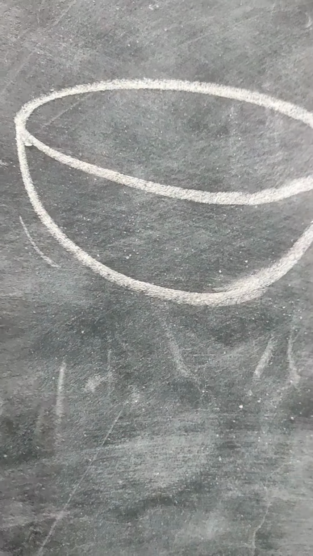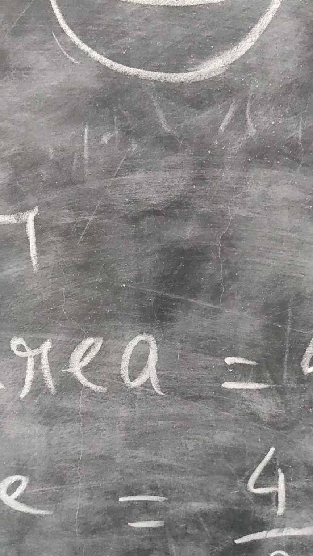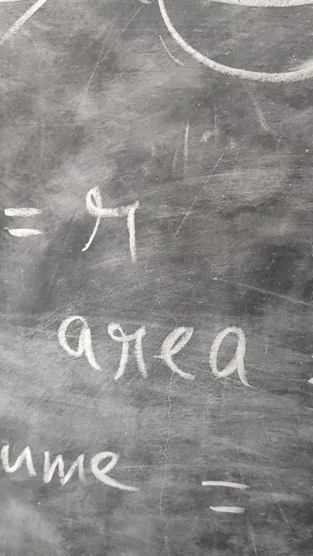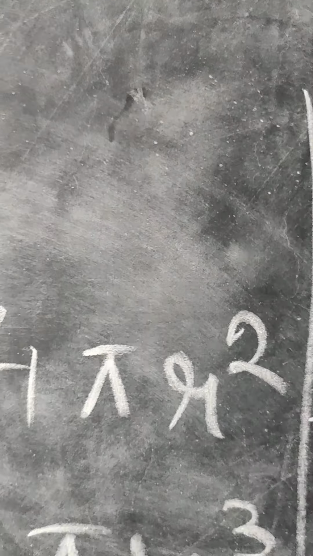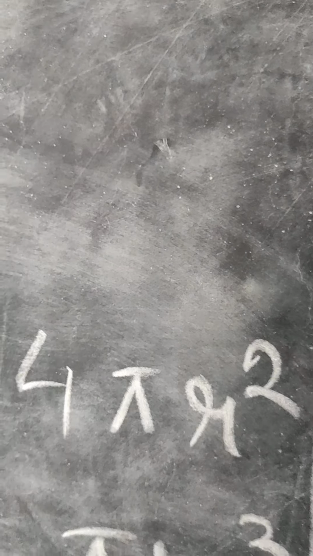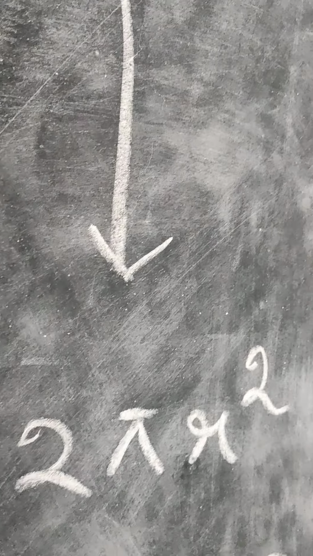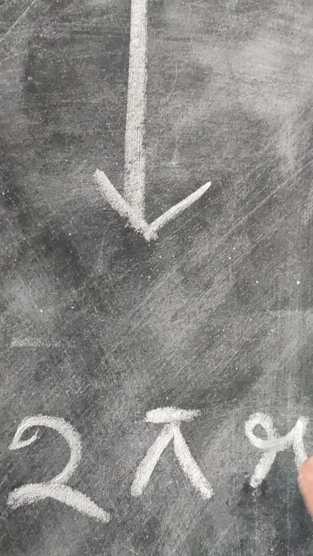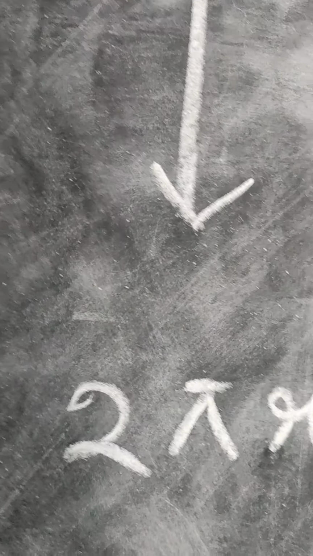So that will be half of the whole sphere. Curved surface area was 4 pi r square, so half of this is 4 pi r square by 2, that means 2 pi r square is the curved surface area of the hemisphere.